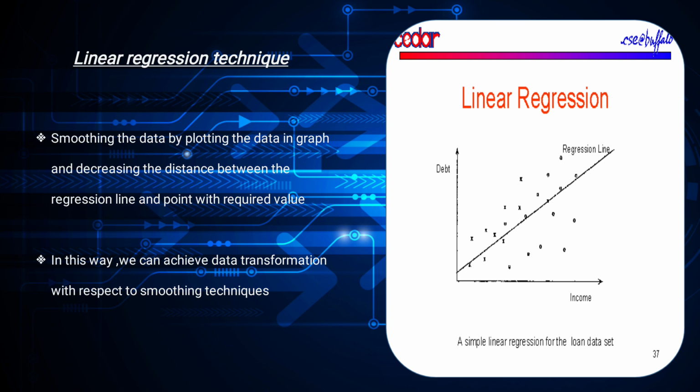Some points are fixed on that line, but all other points may deviate by some distance, so we have to reduce the distance between the point and the line by adding or subtracting some value. We do this smoothing to make all the data consistent. In this way, we can achieve data transformation with respect to smoothing techniques.